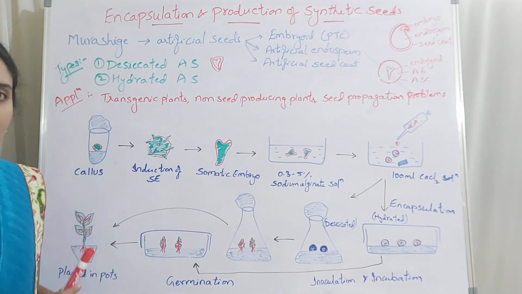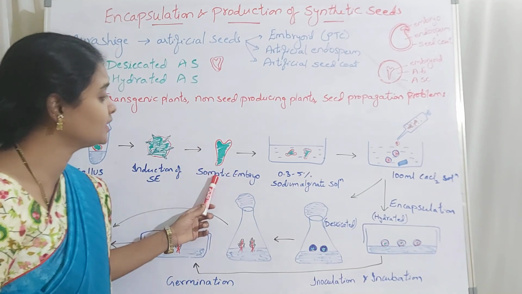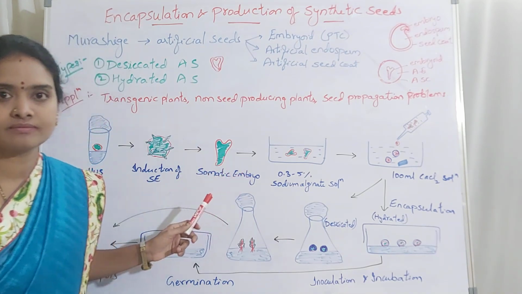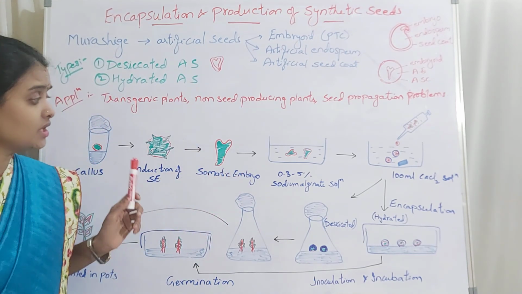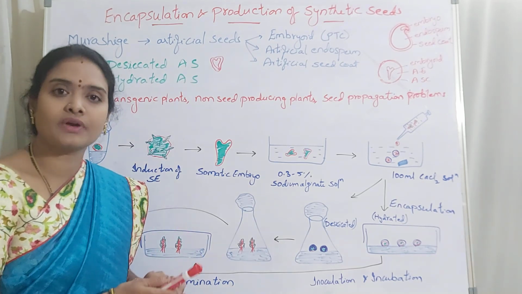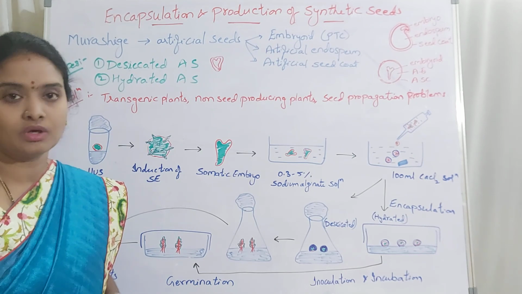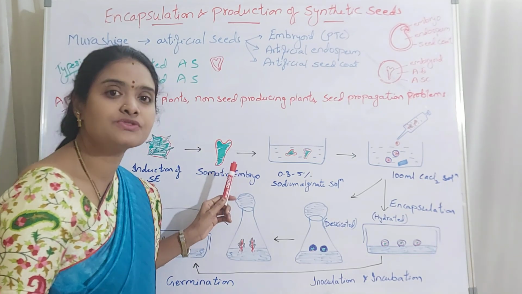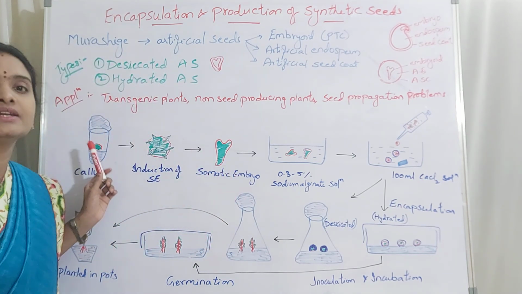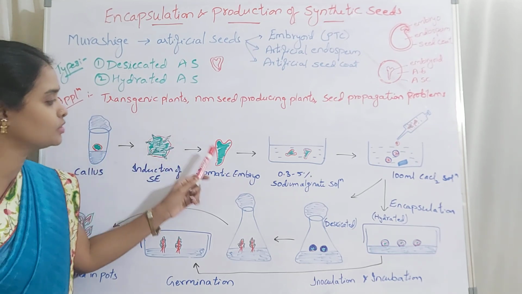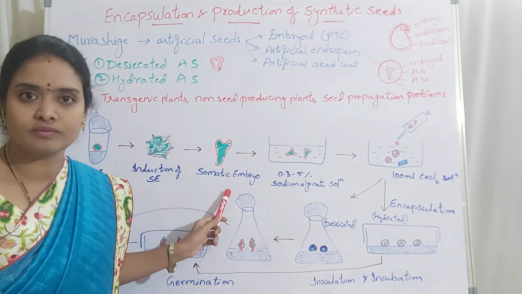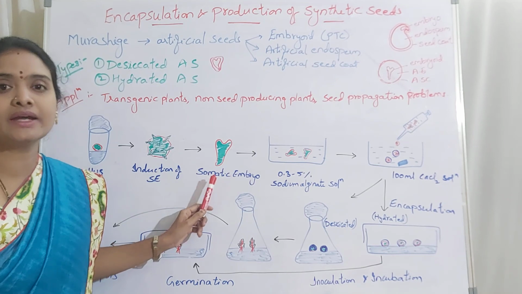Why are you calling it a somatic embryo or embryoid? Right? A natural embryo is developed from two haploid gametes fusing to form a diploid embryo. Whereas here the embryo is formed from a somatic cell itself. The diploid cells are producing the diploid embryo. So it is referred to as a somatic embryo.